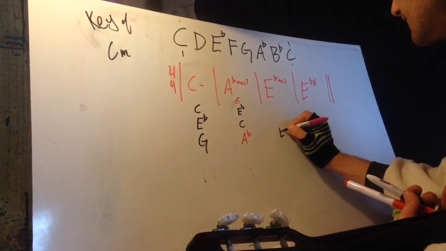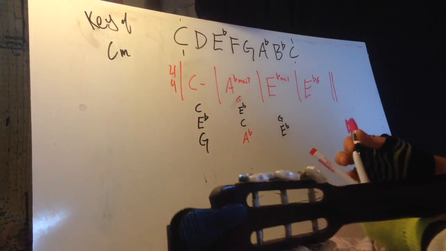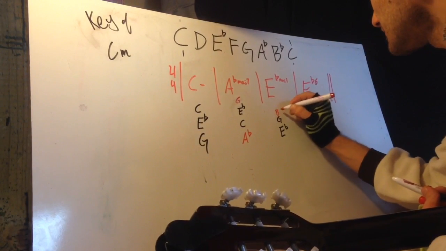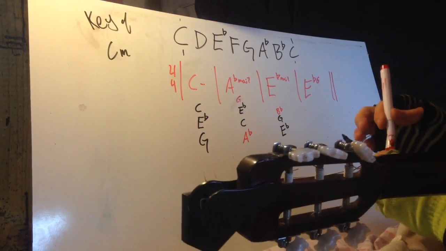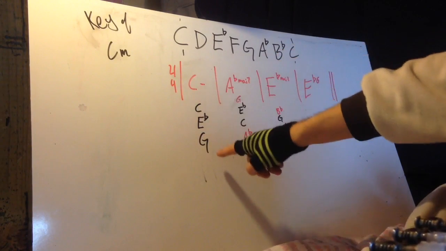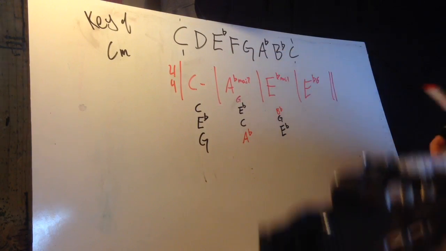E flat major 7th, E flat, G, non-chord note, B flat, but it is the flat 7 of C minor, so it does still kind of work.